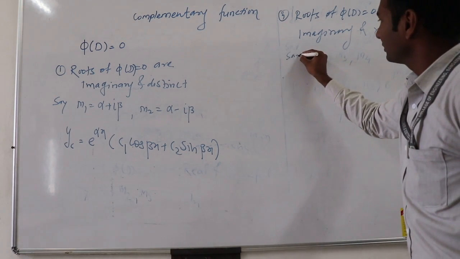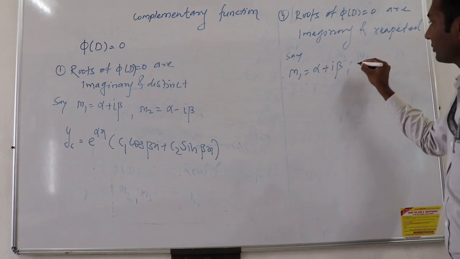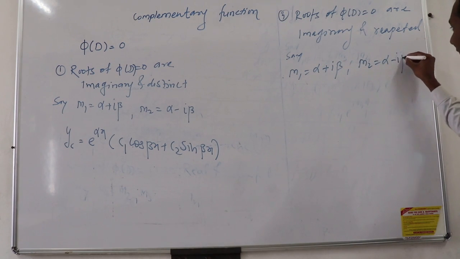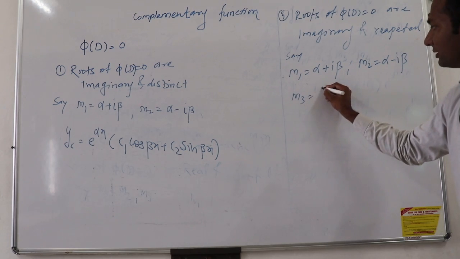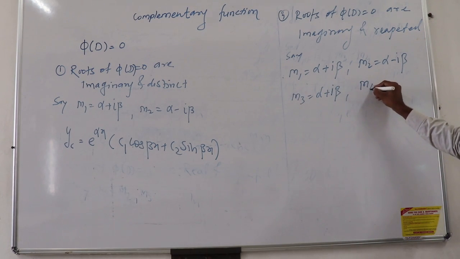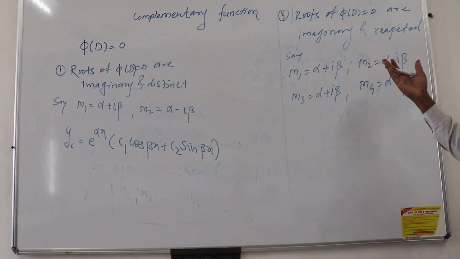We say the first root m1 is equal to alpha plus i beta, m2 is equal to alpha minus i beta. This is a pair of conjugates. Then the third one, m3, is equal to alpha plus i beta, and again m4 is alpha minus i beta, because we get imaginary roots in pairs.